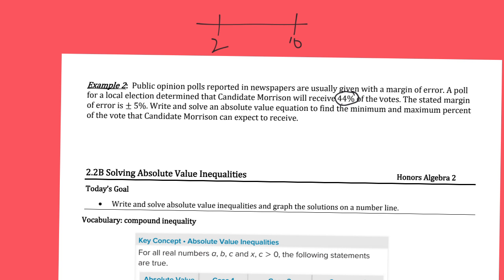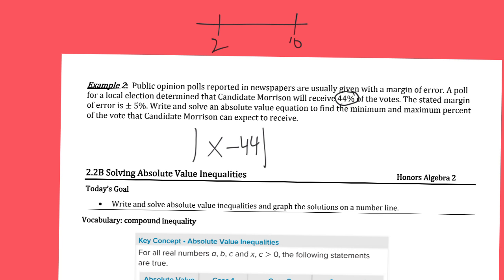So to find distance, you're going to subtract, and then you take the absolute value, because no matter which way you subtract the two values, you then take the absolute value, because that's going to be the distance between the two places. So if the poll says you're going to have 44%, then that means it could deviate from there.